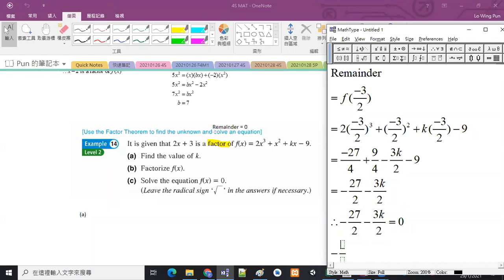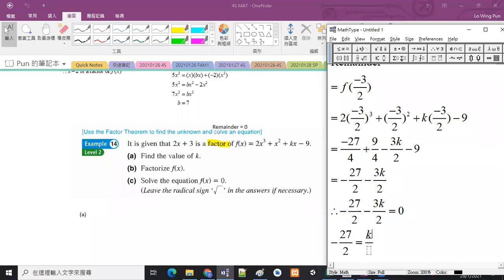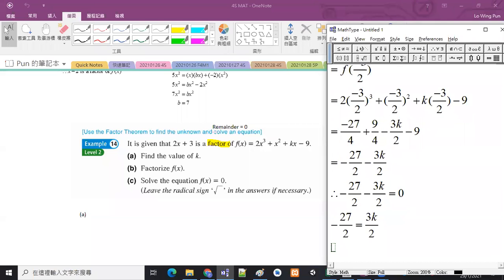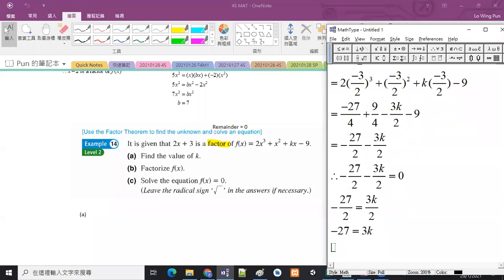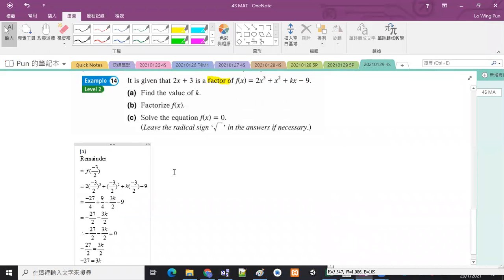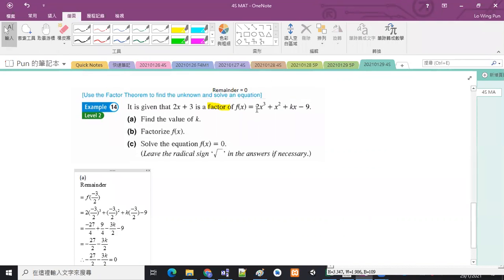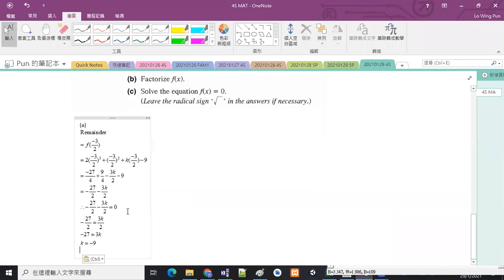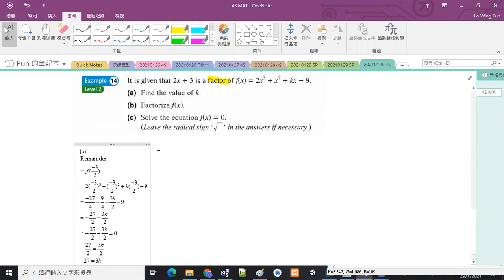So -27/2 is equal to 3k/2, and then -27 is equal to 3k, and then k is equal to -9. So that is the answer for part A. If they give you information about the remainder being 0, you use the remainder theorem to calculate your own remainder first, then put it equal to 0 to form the equation and solve for the unknown. Okay, and then part B, factorize f(x).